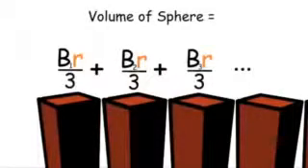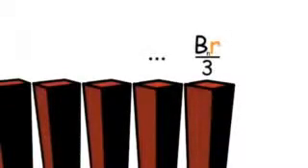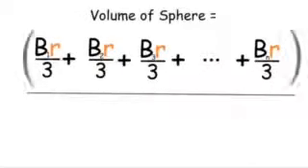And we will continue this process up until the last pyramid. Now we don't know how many pyramids we have, so we just let base n r over 3 represent the last pyramid. So having added up the pyramids together, we have this complete simple formula to work with.